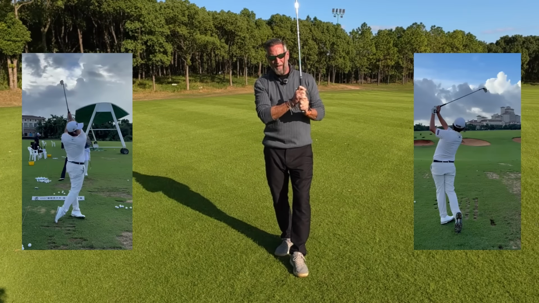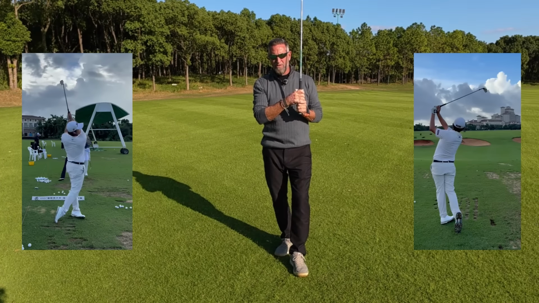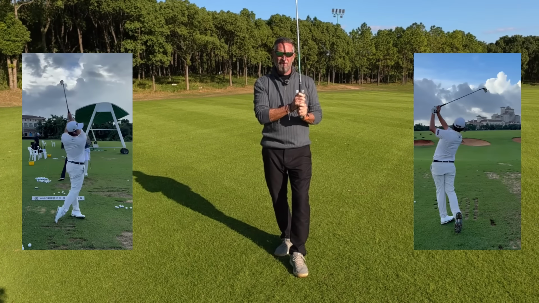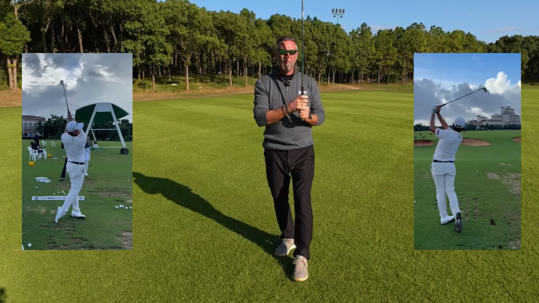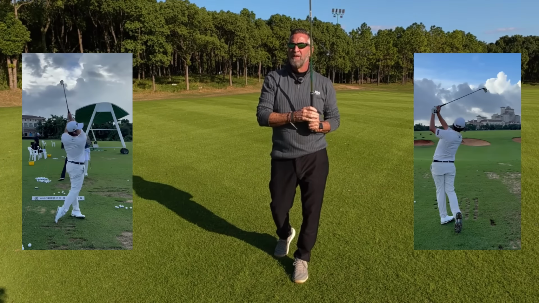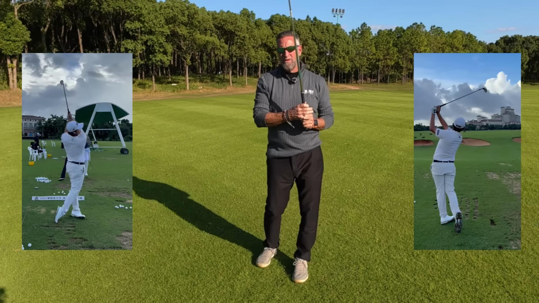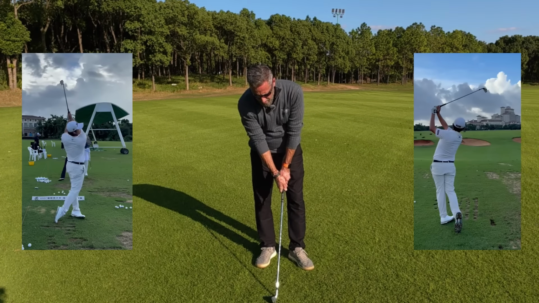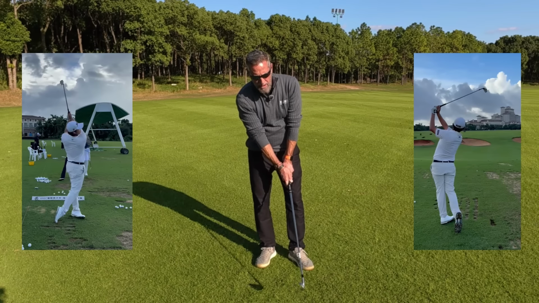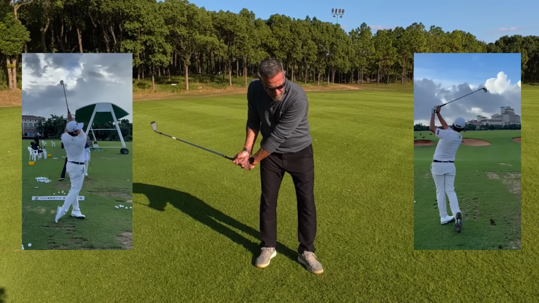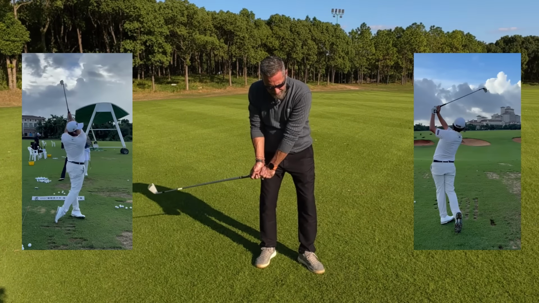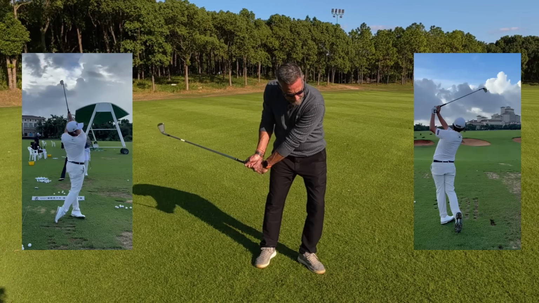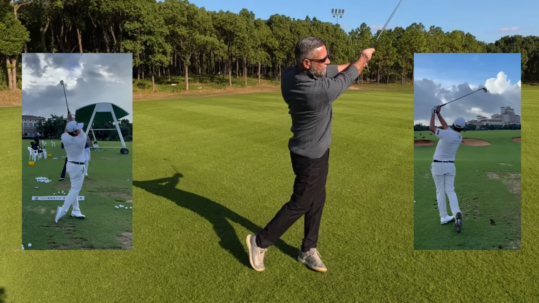Usually I ask my students to stop at, let's say, something like P9.5, something in between. It is tremendously important for me, especially with my younger students, to make them understand that we are hitting the ball by moving forward, by throwing the club forward.